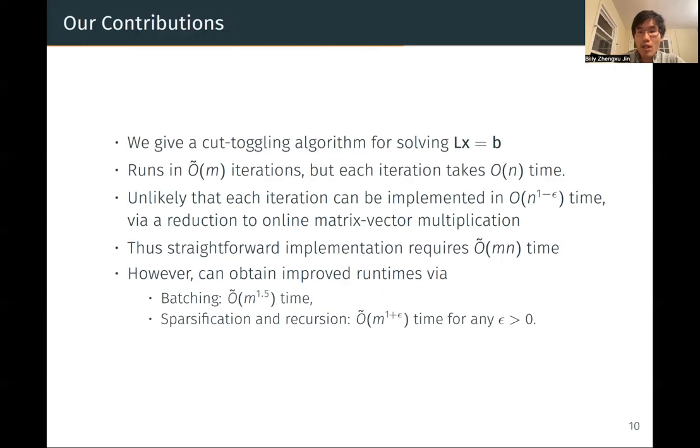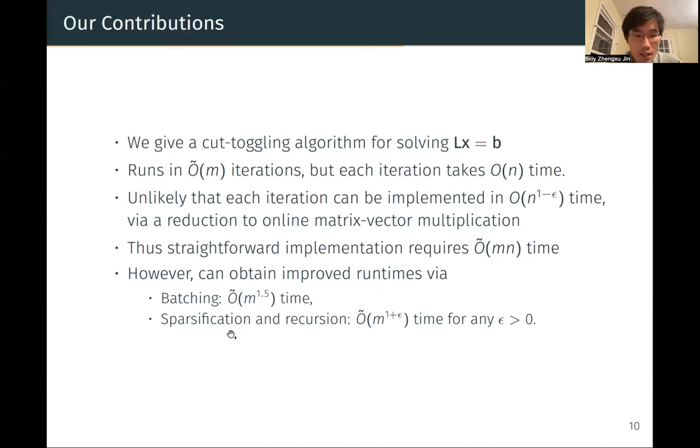However, we showed that we can circumvent this online matrix vector multiplication lower bound, because that lower bound assumes that we implement each iteration one at a time. However, in this problem, we can actually generate all the required updates in advance. And so we can show that if we batch those updates and process many of them at the same time, we can get an improved O tilde of m to the 1.5 running time.